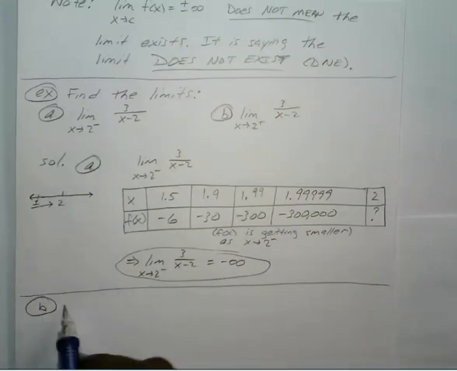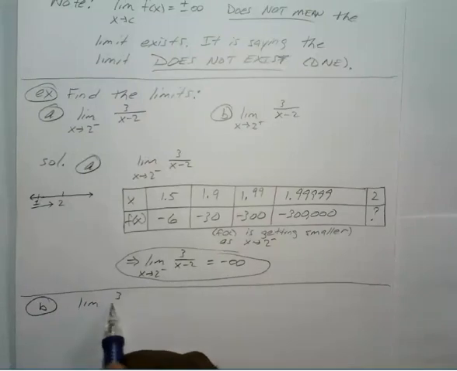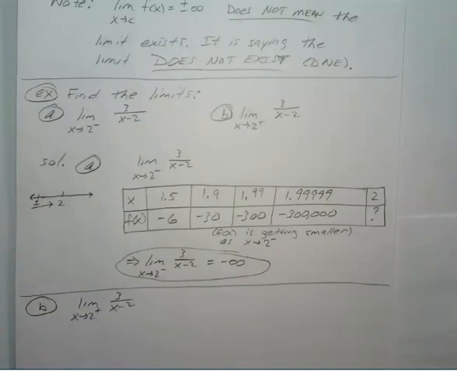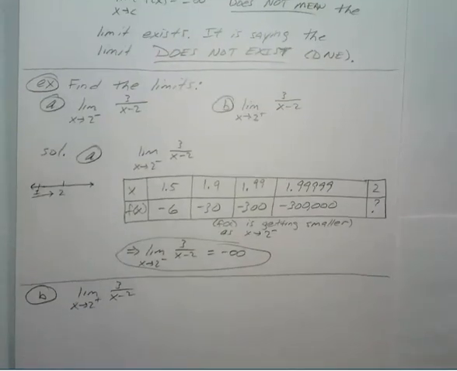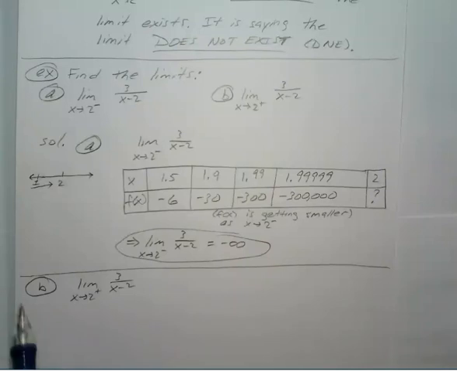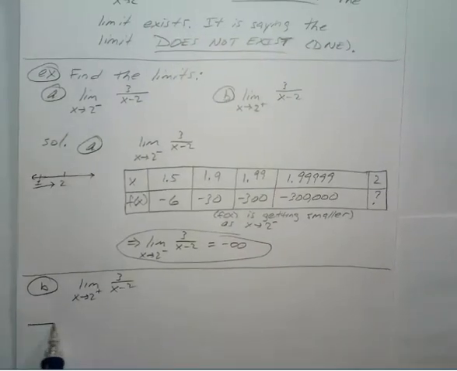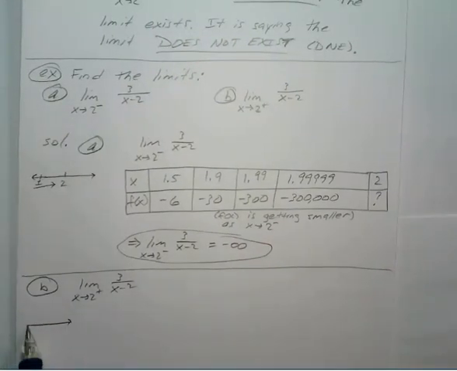Alright, so we have the limit of 3 over x minus 2 as x approaches 2 from the right. Now remember, we're approaching 2 from the right. So if you have 2 here, at some point it's going to be 3, and you're approaching 2 from that way.